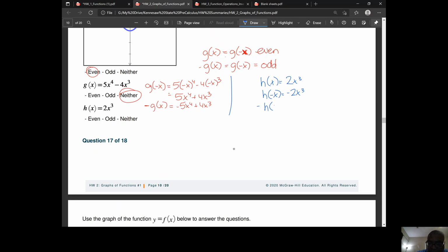And negative h of x is equal to negative 2x cubed. These two are equal to each other, so it's odd. If the first two were equal to each other, then it would be even. So this is how you do it, and it's a lot easier.